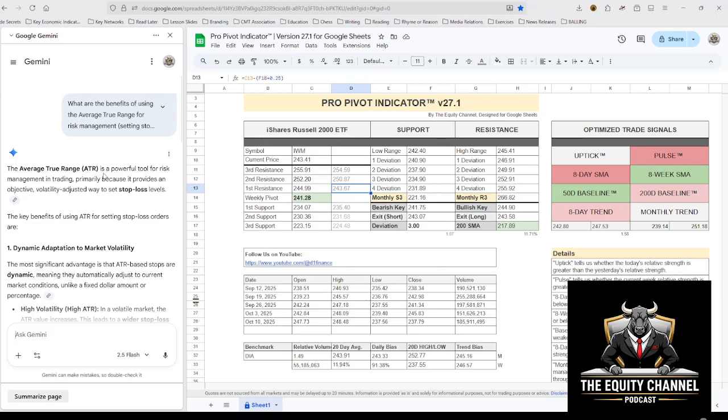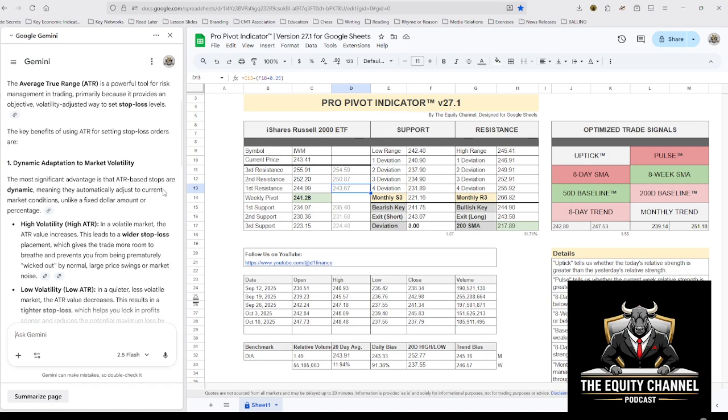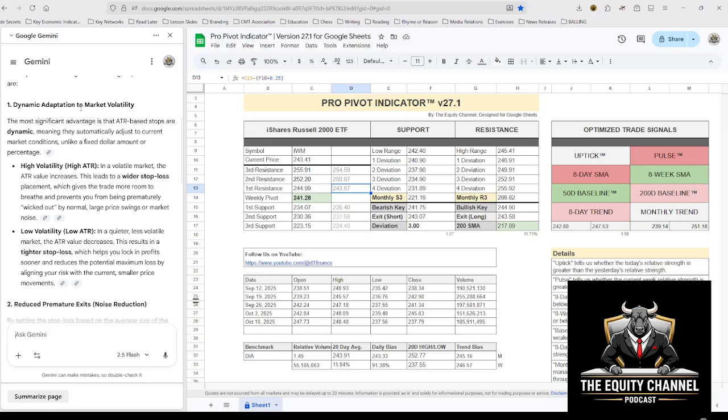The average true range is a powerful tool for risk management and trading, primarily because it provides an objective, volatility-adjusted way to set stop loss levels. The key benefit of using ATR for setting stop loss orders is that they're dynamic, a dynamic adaptation to market volatility.